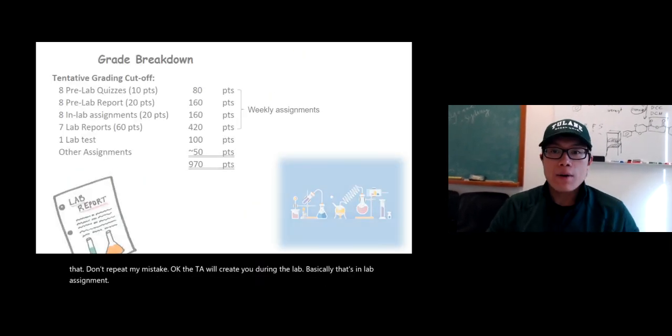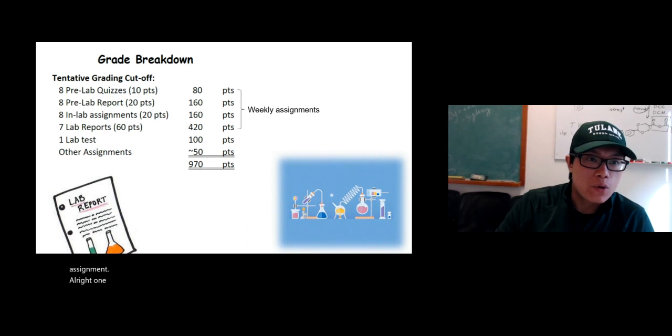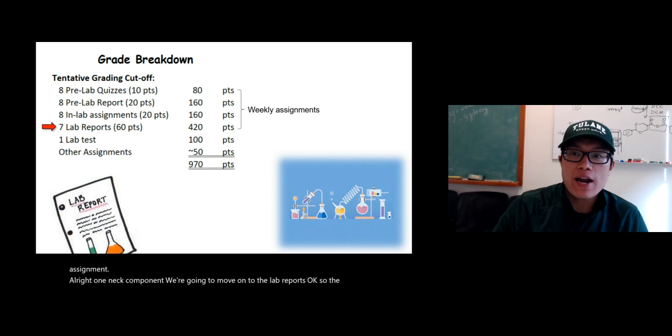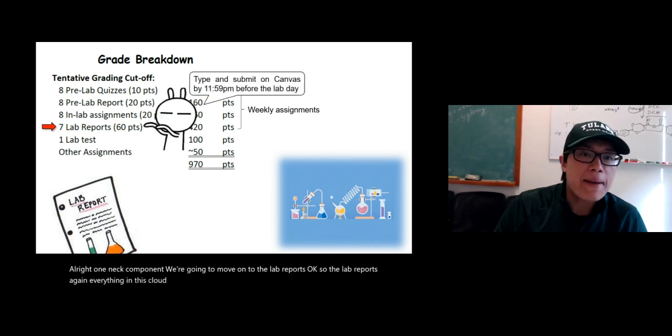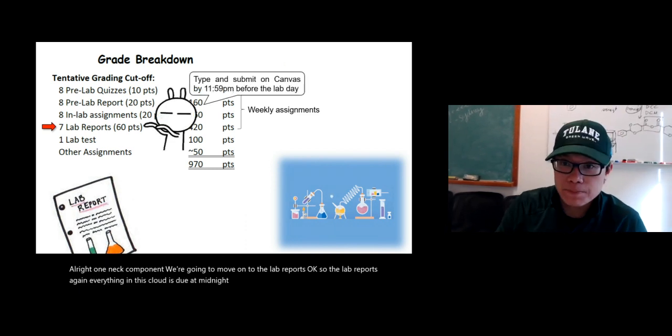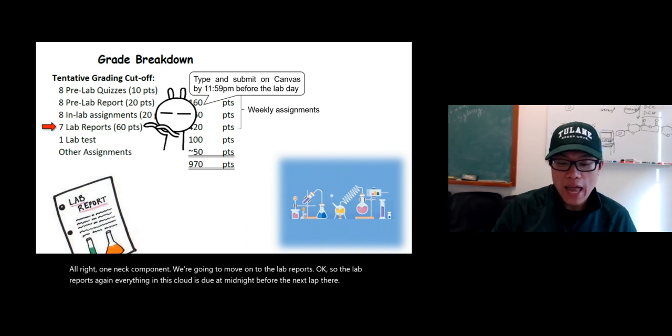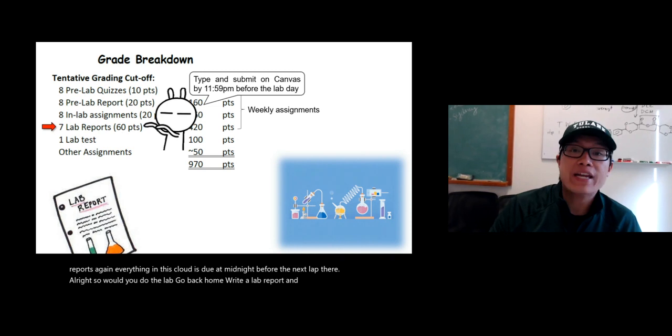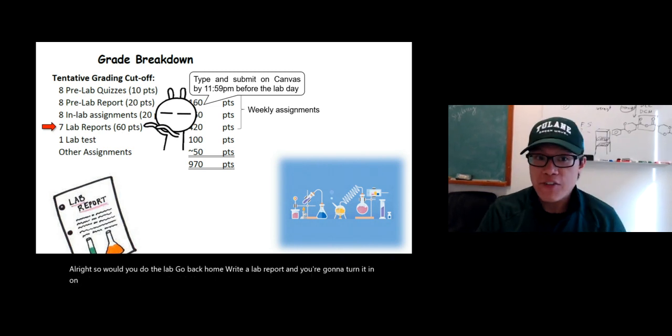One next component: we're going to move on to the lab reports. Again, everything in this class is due at midnight before the next lab day. So you do the lab, go back home, write a lab report, and turn it in on Canvas as a PDF file.